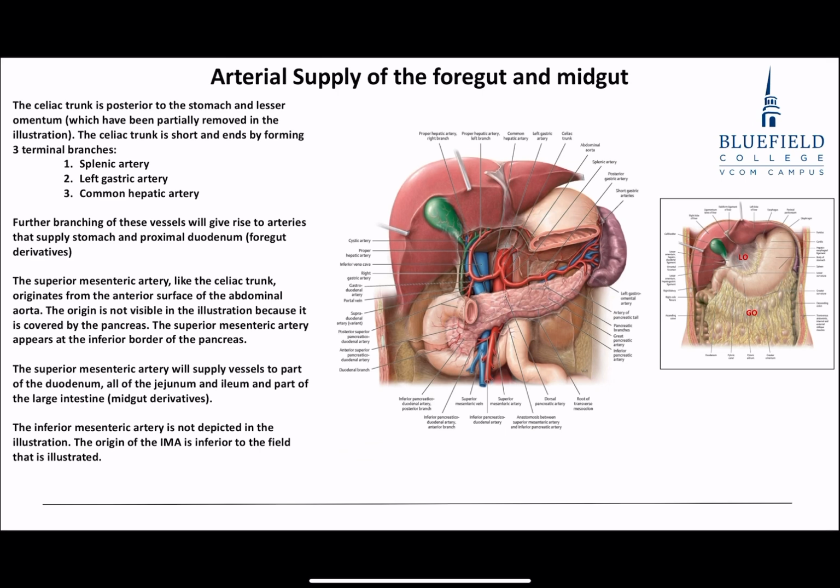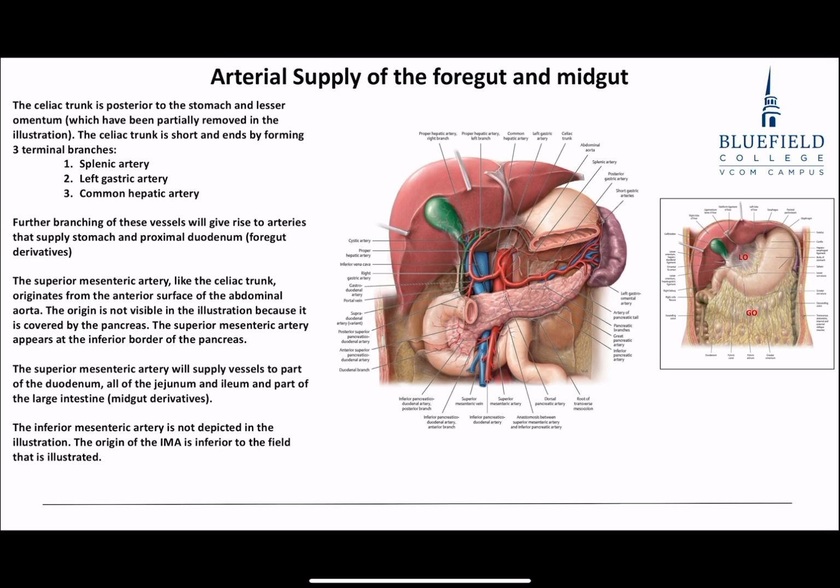One is the splenic artery, and the spleen has nothing to do with digestion, but it's right around the foregut. So even when we dissect the foregut organs, we talk about the spleen. Here, the spleen is over here in the left quadrant. It's an intraperitoneal organ. It's part of the immune system, and it has this big artery that comes off the celiac trunk, runs from the trunk over towards the left on its way to the spleen.